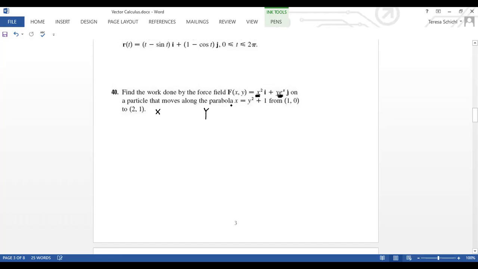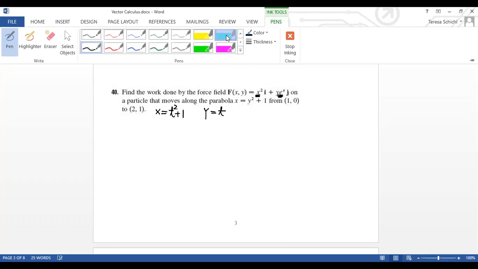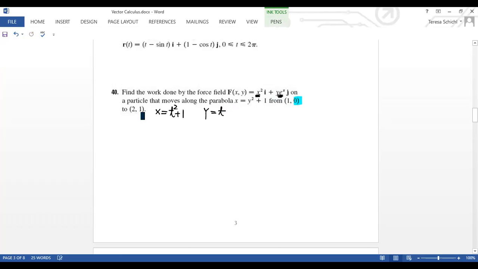Now you see here x equals y squared plus 1. So it would probably be easier if I set y equal to t. Then x would be t squared plus 1 here. Because I set y equal to t, what is my t domain? It depends on the y's, so my t is from 0 to 1.